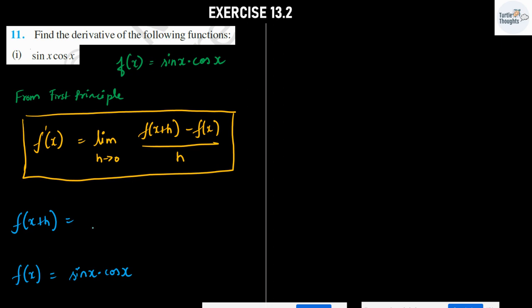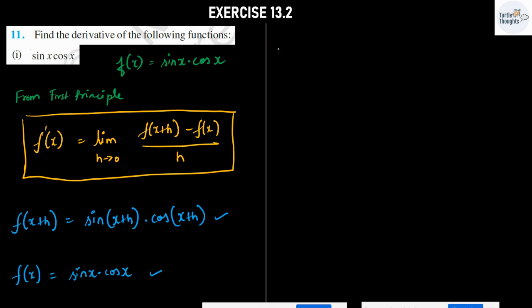The same thing I can find out from here. Sin, instead of x, I'm going to have x plus h, multiplied by cos, instead of x, I'm going to have x plus h. I have the value of f of x plus h. I have the value of f of x. Same thing can be substituted in the first principle formula.